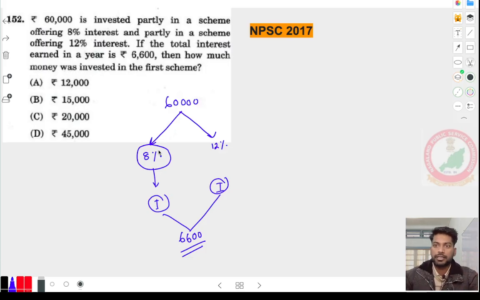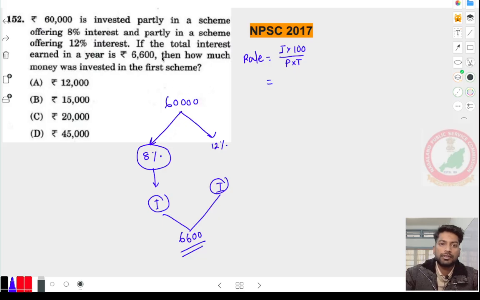But we will do it in a shortcut way, that is called allegation. First, just get the rate of interest for the total. देखो, if I have to get the total rate, I am earning. अच्छा, rate का formula होता है I into 100 by P into T. This is the formula of rate.